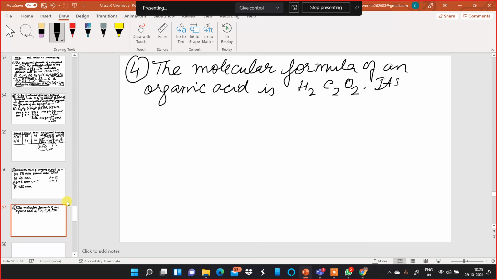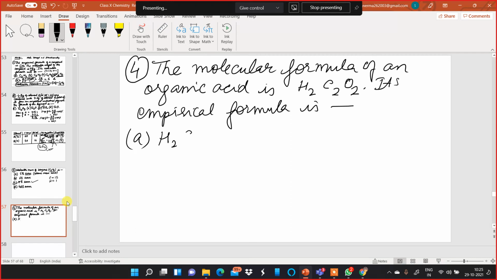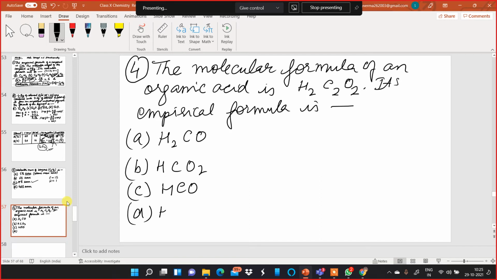Its empirical formula is: option A, H2CO; option B, HCO2; option C, HCO; option D, H2C4O.